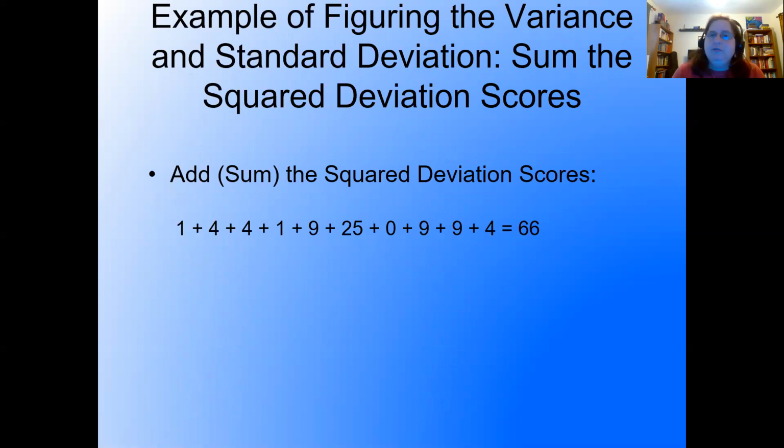So far we've subtracted, we've squared, we've added. And you know what? We still haven't made a decision as to what we're actually calculating. Are we getting the population variance and standard deviation, or the sample variance and standard deviation? Well, the truth is we haven't had to make a decision yet because they're both the same in terms of calculation to this point.